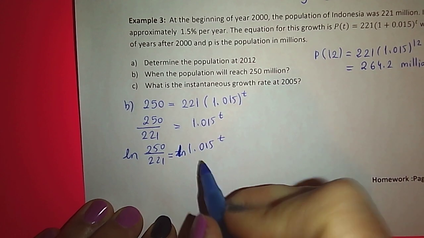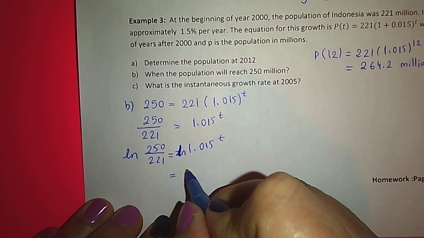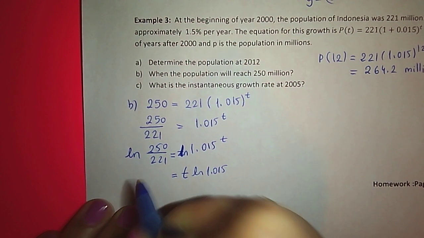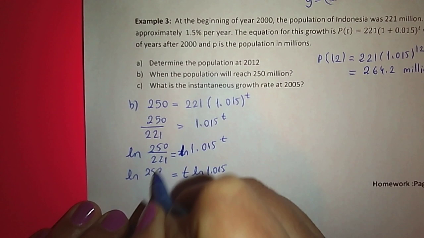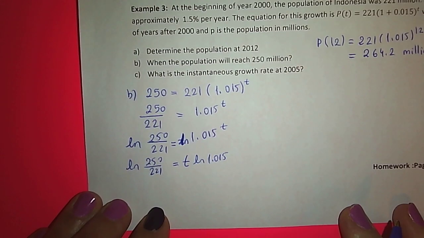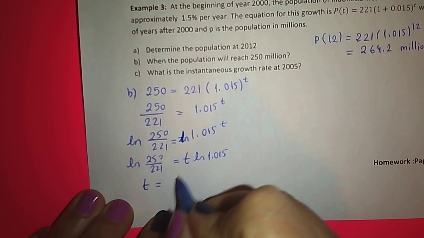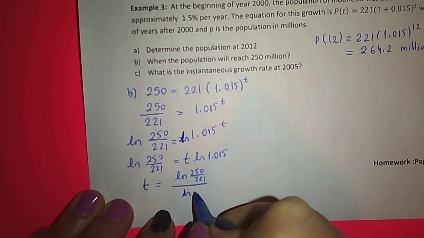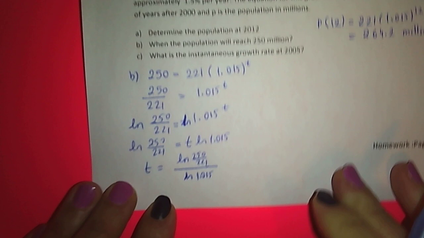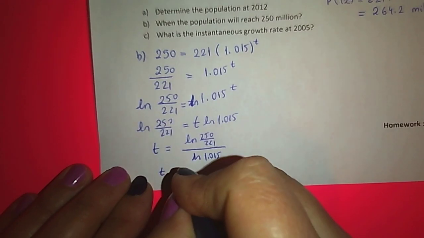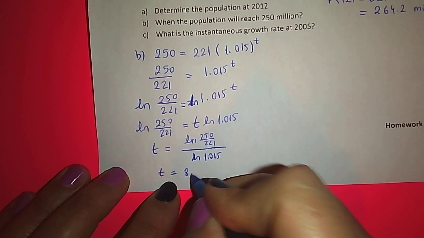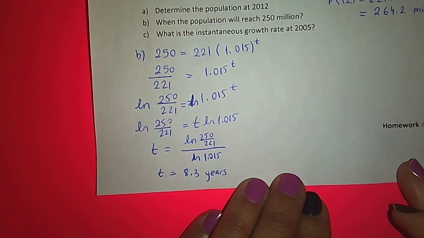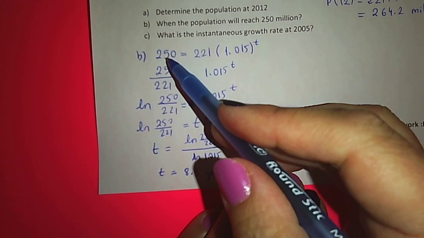Now I'm going to use the power rule for logarithms, and I'm going to write the right side as t times ln 1.015, and the left side ln of 250 over 221. So to isolate t, let's divide both sides by ln of 1.015. Then we get t being 8.3 years here. So in 8.3 years, the population will reach 250 million.